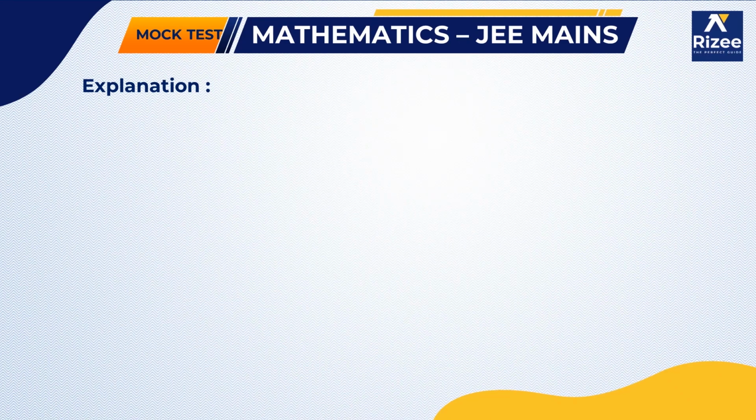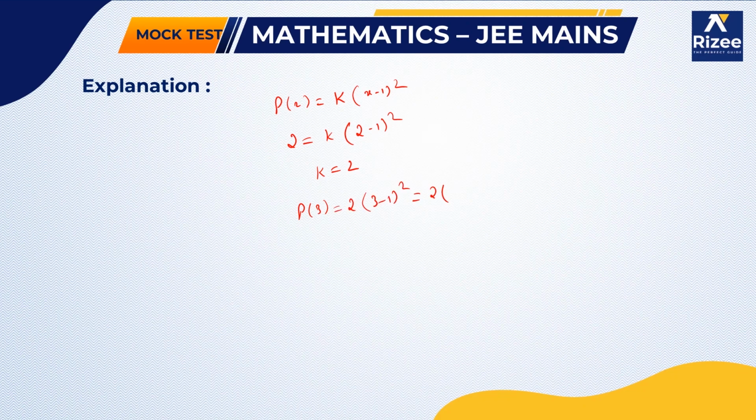Putting 2 in place of x, k into (2 minus 1) whole square, k equals 2, since 1 square means 1 into k equals 2. Therefore p of 3 equals 2 into (3 minus 1) whole square, 2 into 2 square, we get the answer.